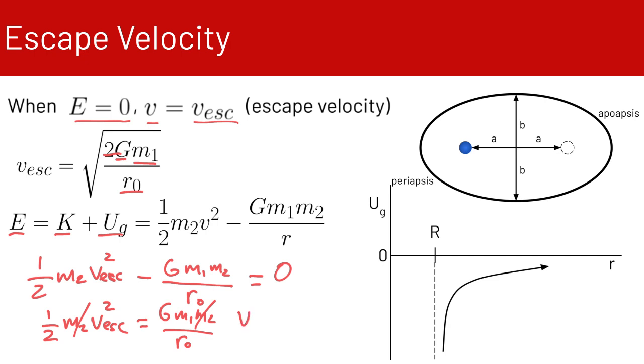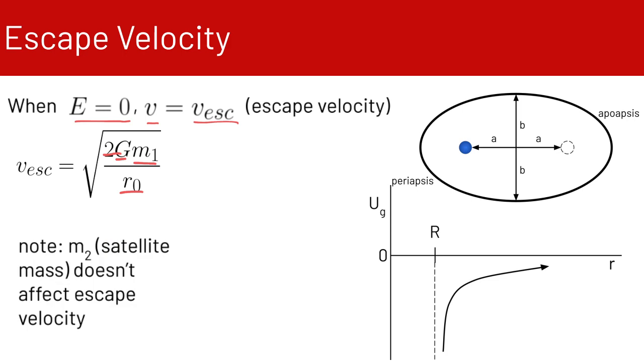So we have v squared is equal to 2 times g m1 over r naught. And we take the root of both sides, and we end up with our escape velocity is equal to the square root of 2g m1 over r naught.